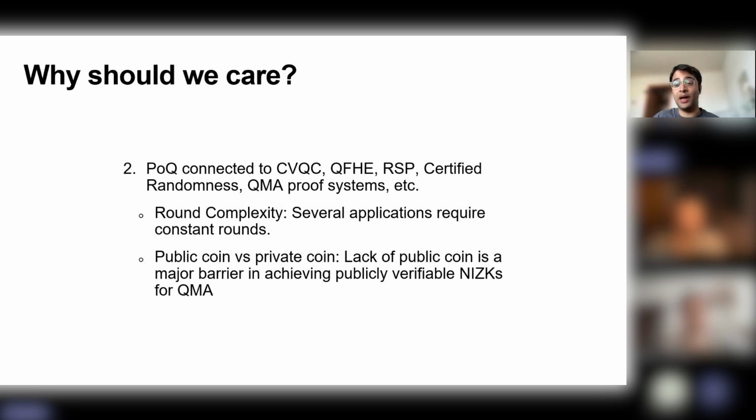Because, in my view at least, the definition of proof of quantumness includes both non-interactive and interactive. And I believe that all of these applications are much more linked to the fundamentally interactive kind of proof of quantumness. I see. So nothing here is formal? No, I just want to understand your intuition, if you would expect that maybe for some of these other applications, those bounds should potentially also be true.